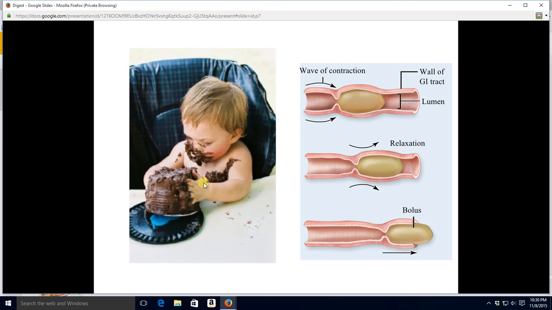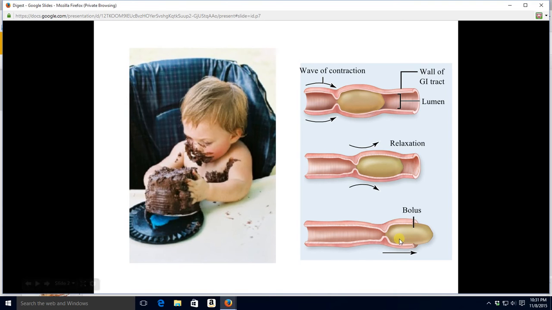Now, it's going to include swallowing, also known as deglutition, but most of your propulsion is mediated by the act of peristalsis, which is what we see pictured here. We see a wave of contraction behind the bolus of food and relaxation in front of it. And that way the bolus of food, the mass of food, mucus, juices, whatever, moves along.